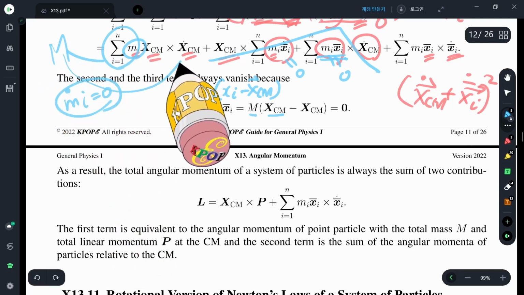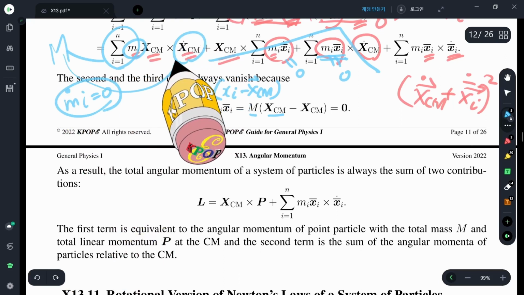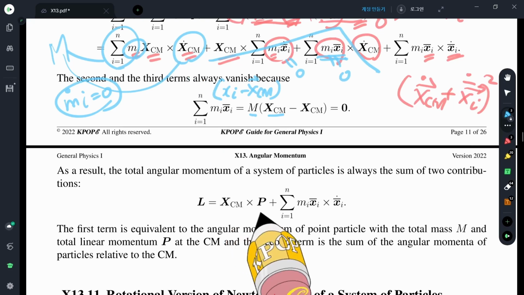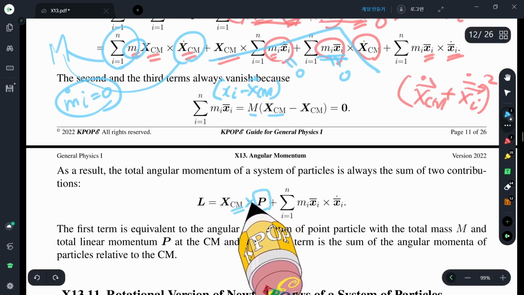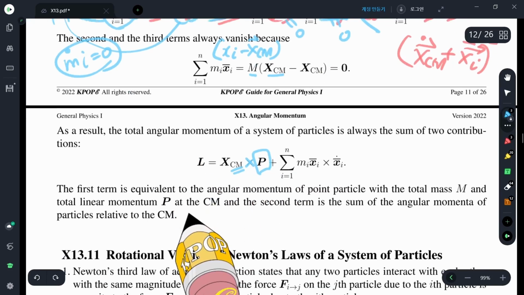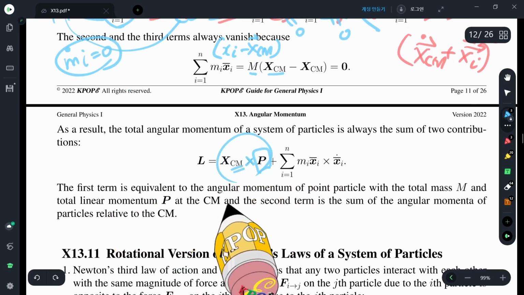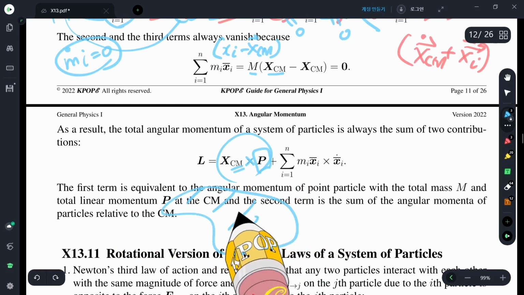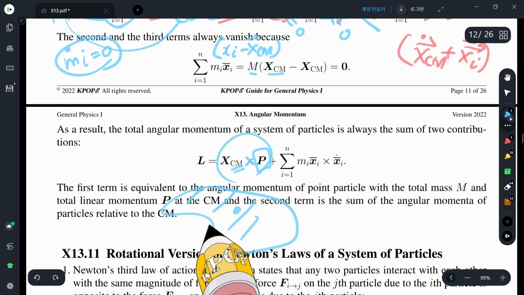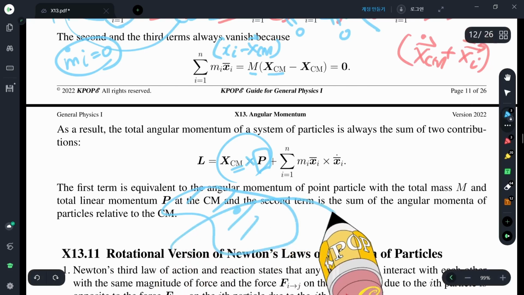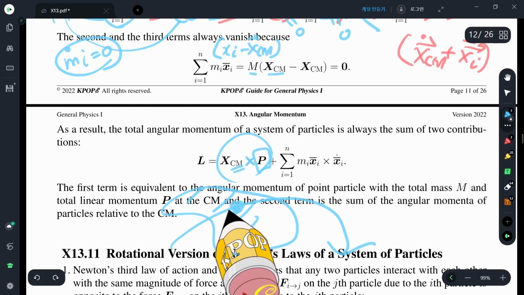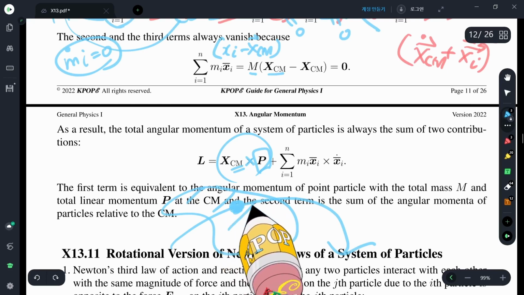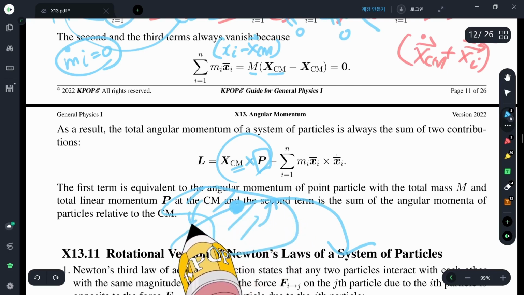So capital M multiplied by the velocity of the center of mass is the total linear momentum of the system of particles. So it is the center of mass position cross product with its total linear momentum. An object has a center of mass, it may acquire some torque so it can rotate, but in addition, with respect to the center of mass, it can make a rotation.